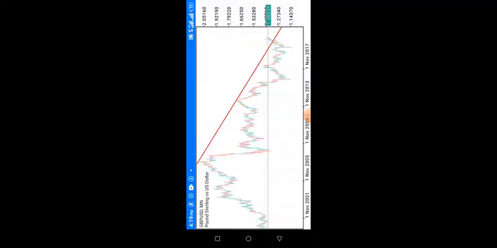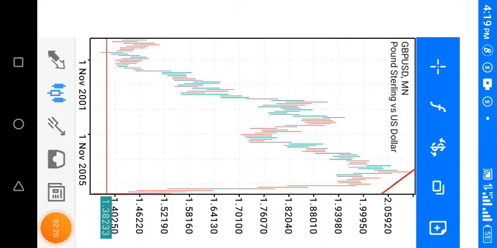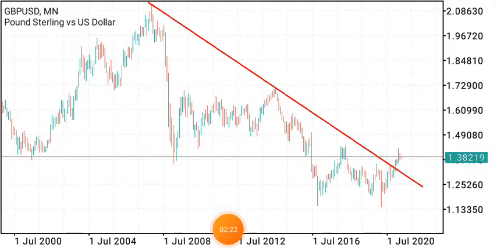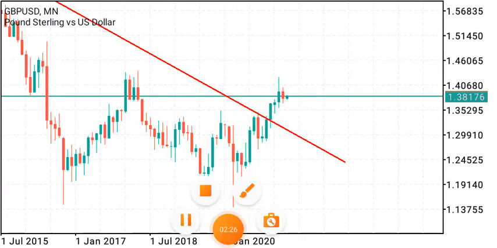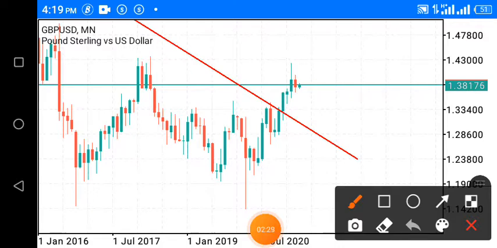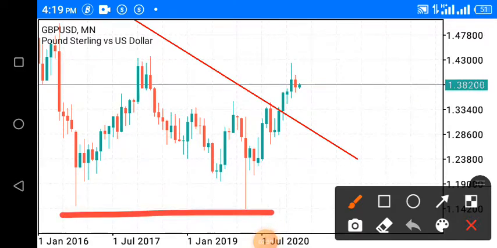Looking at this, we have seen that the trend was to the downside before this market respected this previous low, moved back, then respected this a little, moved down before it breaks.